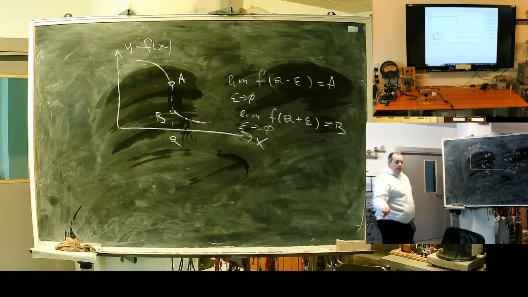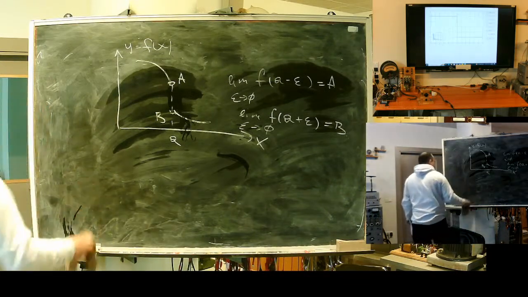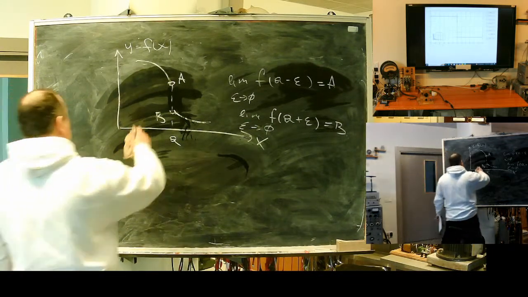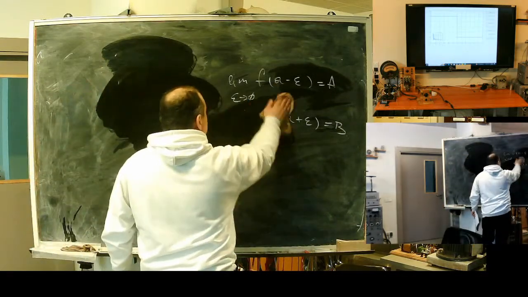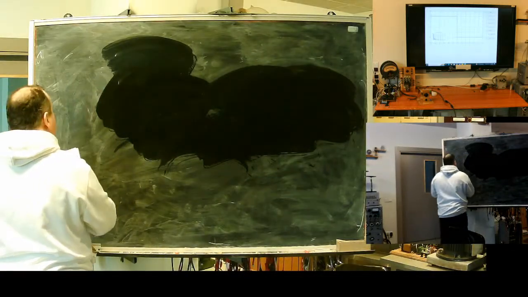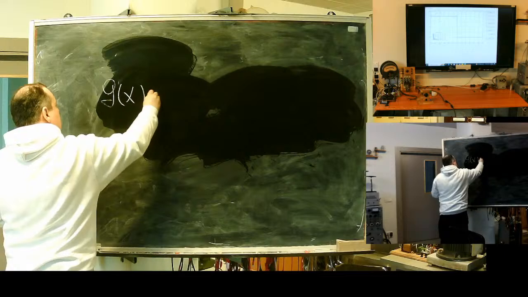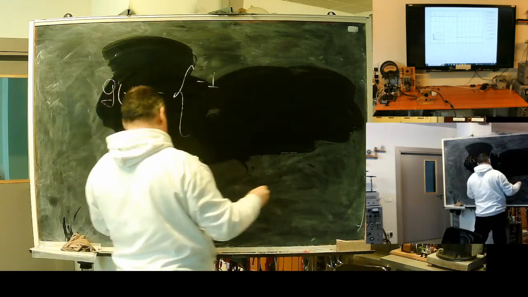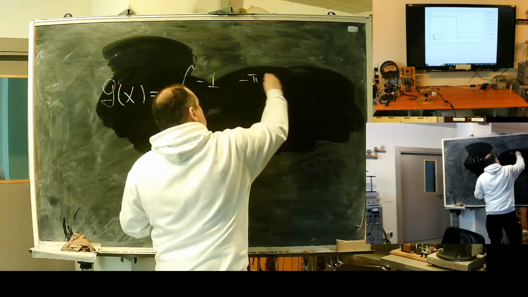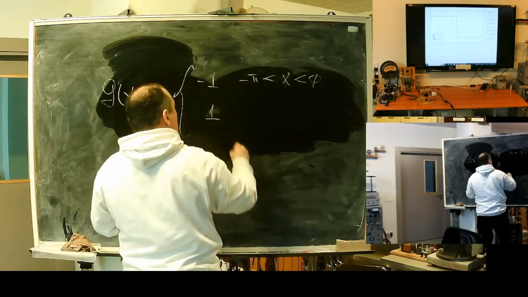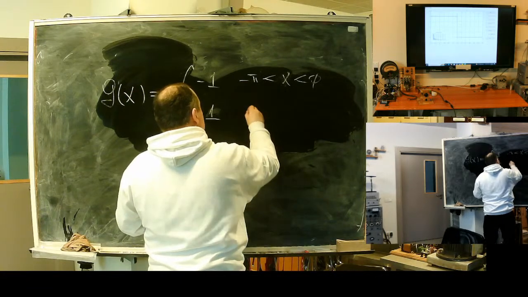What was the idea of Gibbs? Gibbs offered to investigate one specific function. Can you guess its name? Gibbs function. Yeah, the Gibbs function equals minus 1, 0, sorry, x 0 and 1, 0.